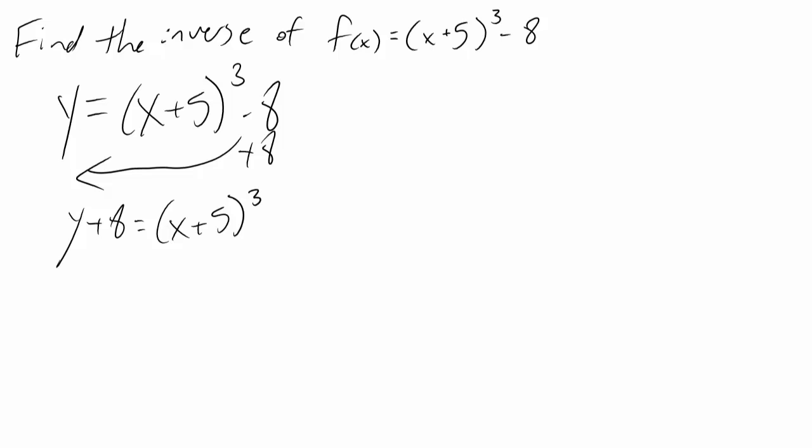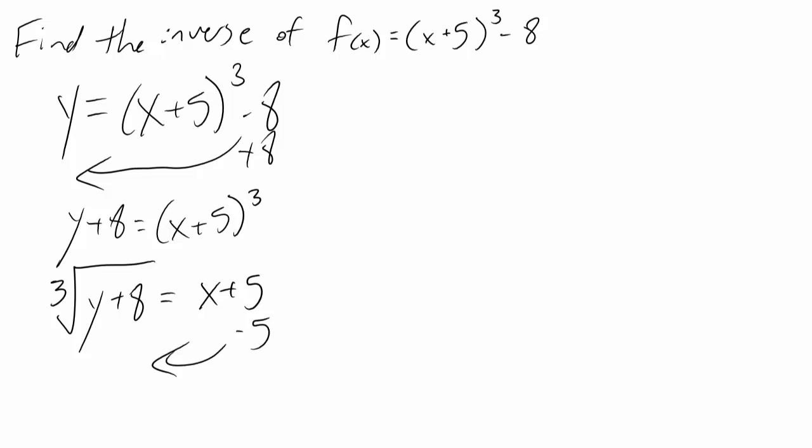And now we get rid of that cube by taking the cube root of both sides. So we have the cube root of y plus 8 equals x plus 5. And then for our last step, we'll subtract off that 5 over to the other side. But now that's not under the cube root. So this gives us the cube root of y plus 8 minus 5 equals x.